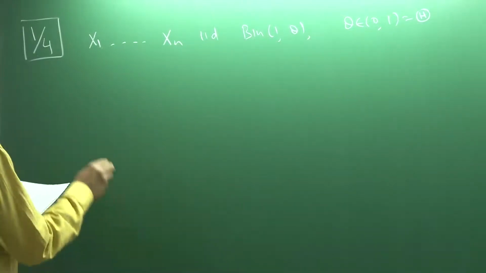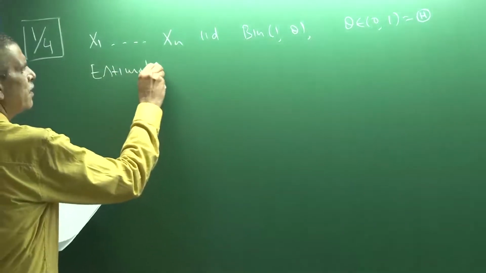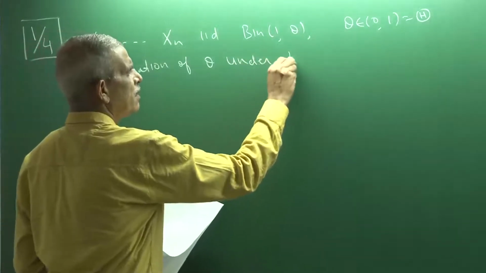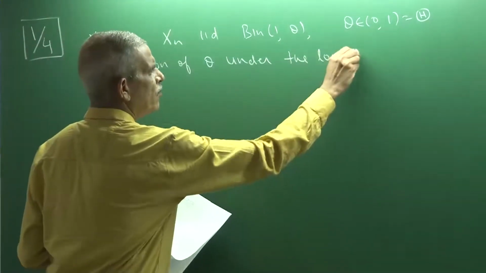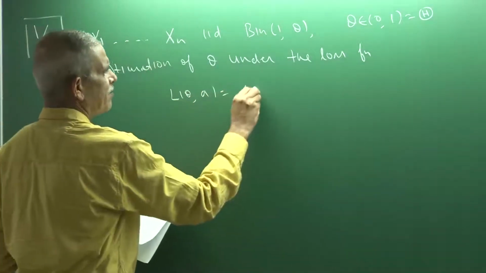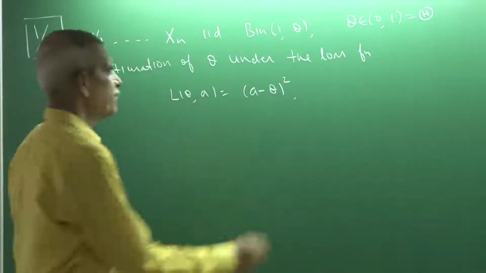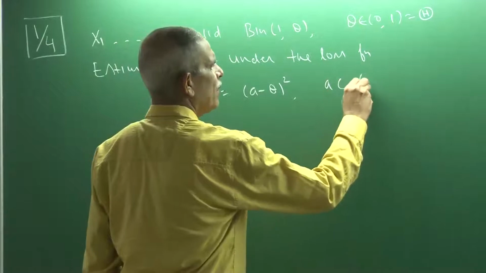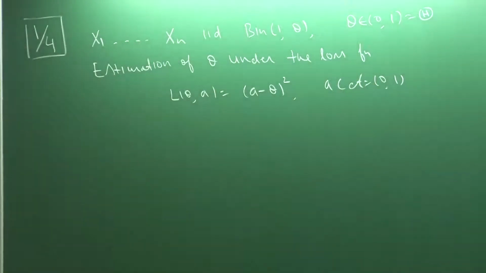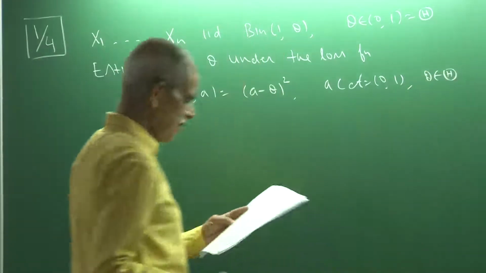You are interested in estimation of theta under the loss function L(theta, a), which is squared error, so (a minus theta) whole square. In this case, certainly your action space would be [0, 1] only, because you are interested in estimating theta, which belongs to 0 to 1, and theta belongs to capital Theta. That is given to you.